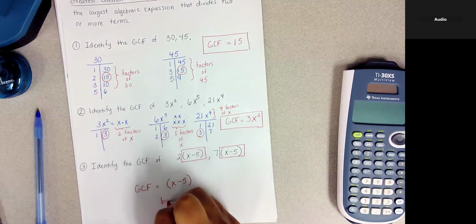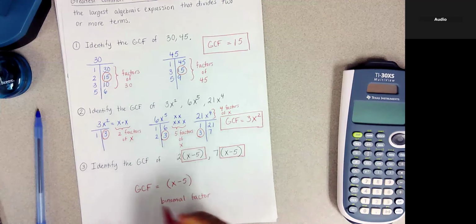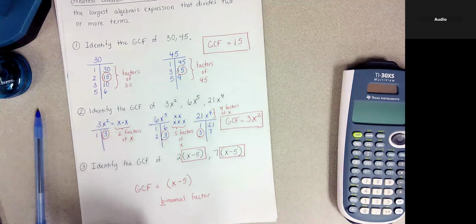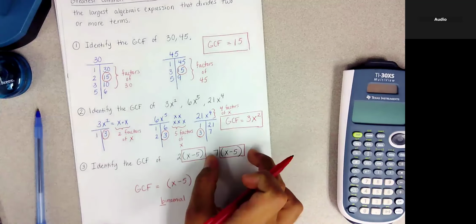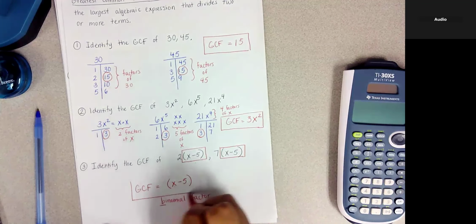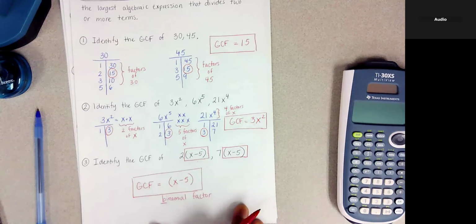We call this a binomial factor, where binomial means that there are two terms that we pulled out of each of these original terms that we were looking at. Right? In the parentheses, there are two things there. And so the GCF, the thing that both of those terms had in common, was x minus 5. Okay.